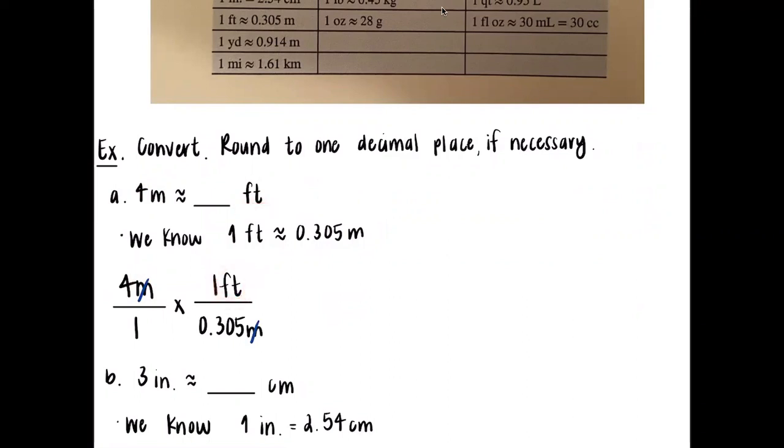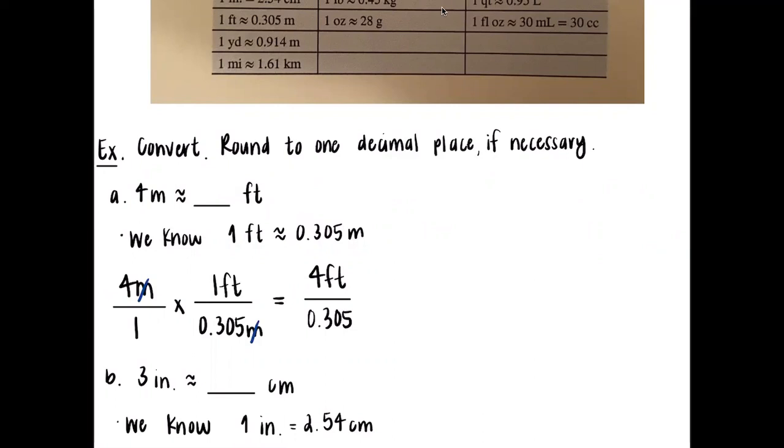Now, when multiplying fractions, we multiply the numerators together and the denominators together. So we have 4 times 1 foot, so that's 4 feet over 1 times 0.305. Now all we have left is this division.